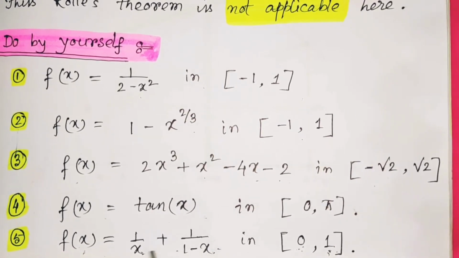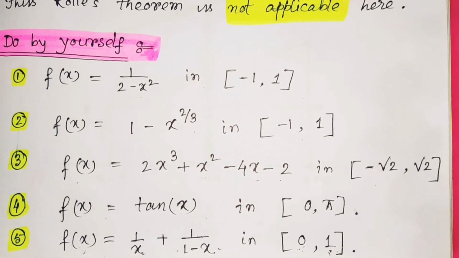Still, if we go by the formula of the mean value theorem, that is Rolle's theorem, then we will find that there exists a c. At that point, if we draw the tangent, then that tangent is parallel to the x-axis. So you just try to solve this one and prove that Rolle's theorem's conditions are sufficient only, not necessary by any means.